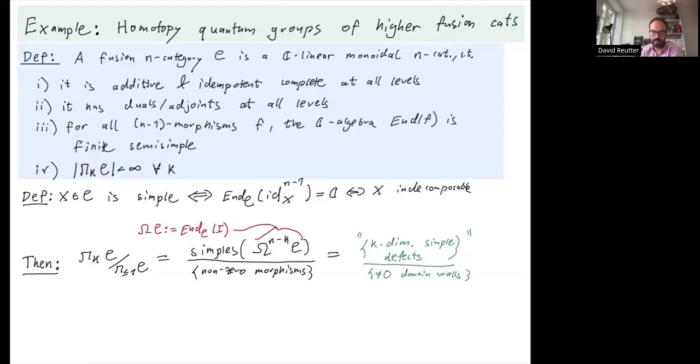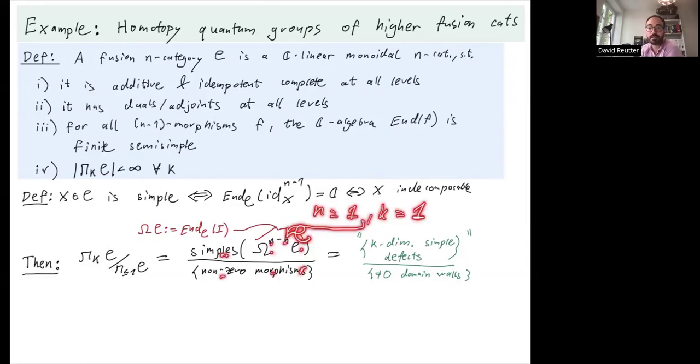Let me maybe say briefly that if n is equal to 1 and k is equal to 0, then this is just simple objects. If n is equal to 1 and k is equal to 1, then this is just C itself. This is omega 0 of C, which is C. And then what you have here is simples in C up to non-zero morphisms.